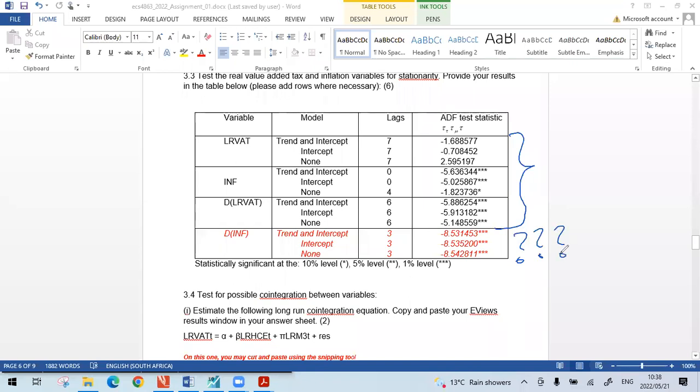We are concluding that inflation is stationary in levels. That's what we are concluding. Though in practice, if it's having 1 star, you need to move on and difference it. So you have to end there. Are we together, guys? Yes. Okay, let's move on.